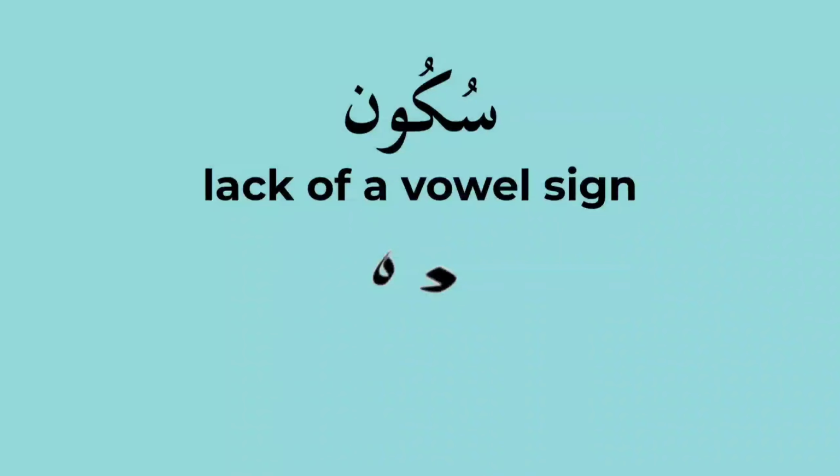But I prefer tiny circle because it's better when you want to understand properly. Okay. Now sukoon is not a vowel sign. What is sukoon then? Sukoon tells me that there is no vowel sign on the Arabic letter. Are you with me, brother?